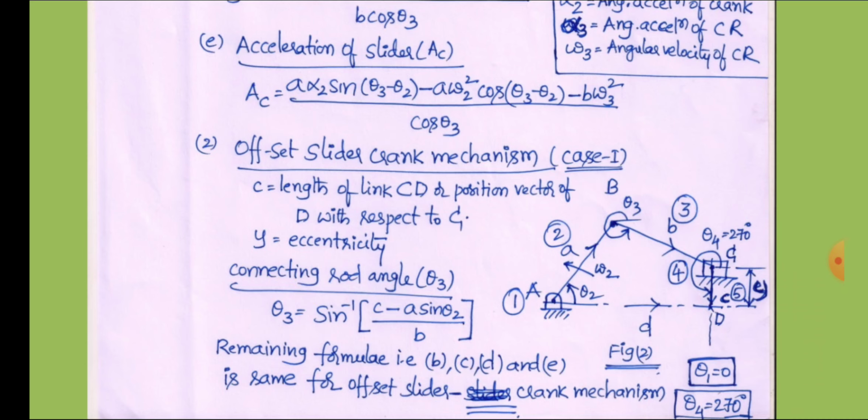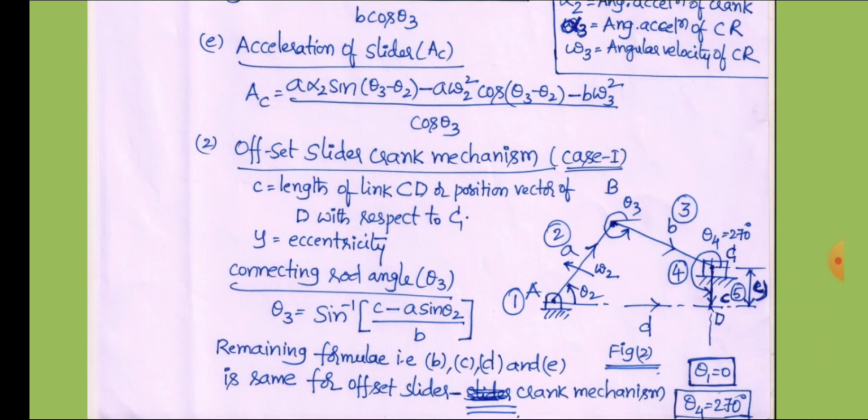Small a is the vector of AB. Small b is the vector of the link BC. And CD is one more link, whose vector form is small c.